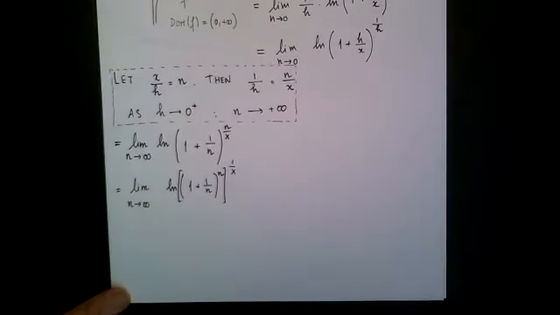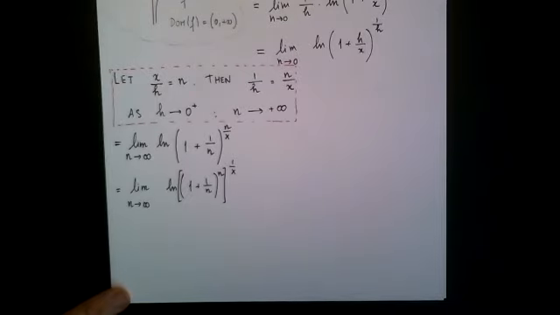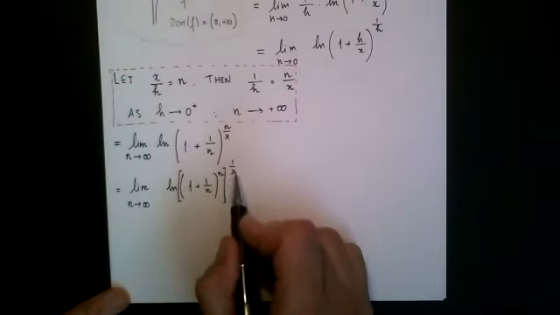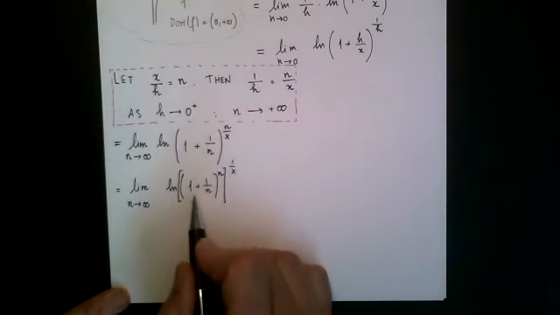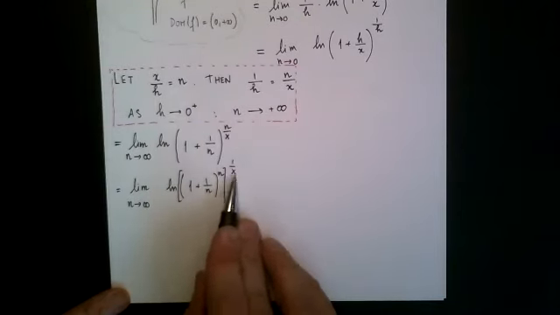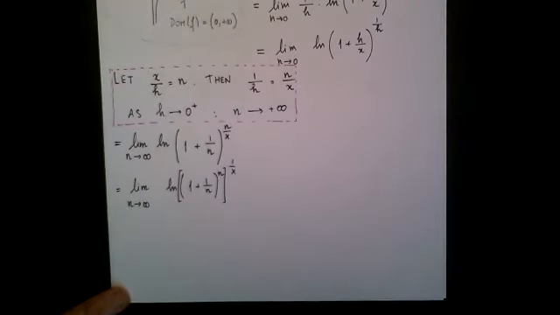This and this are the same thing, because when you have a power of a power, you multiply the exponents. If I multiply these two exponents, I'll get back to this. Is this okay?